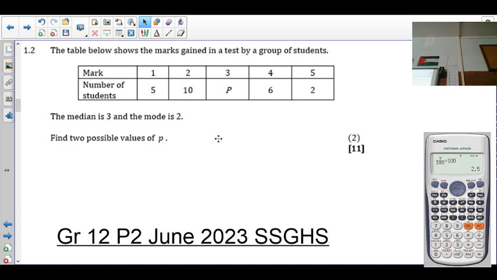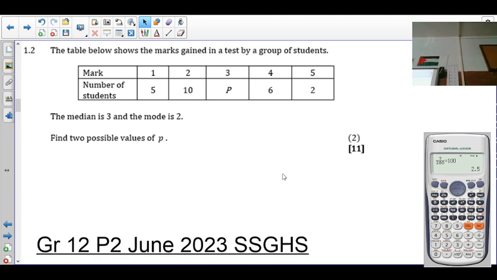In 1.2, the table below shows the marks gained in a test by a group of students. The median is 3, so Q2 is 3. The middle number is 3. The mode, the number that occurs the most, of course, is 2.